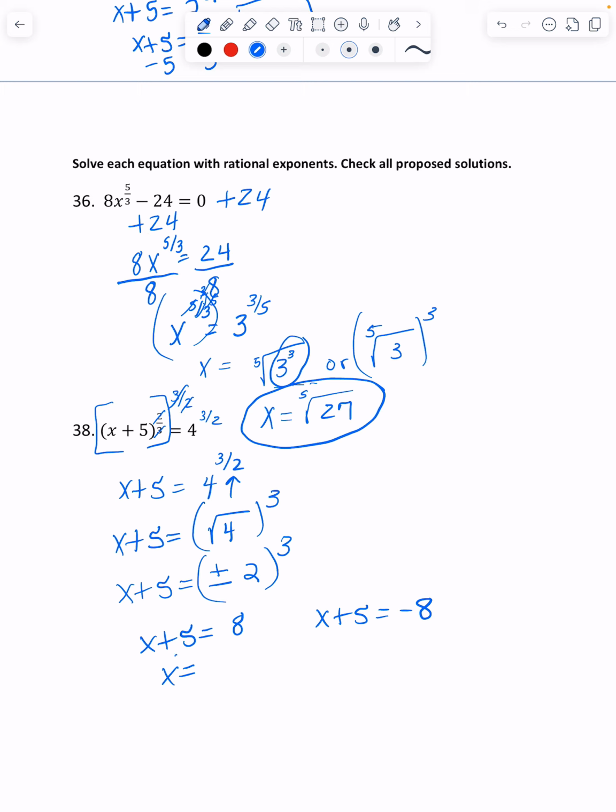I'm going to subtract 5 from both sides and I get x equals 3. And when I subtract 5 over here, I get x equals negative 13. So I would put an asterisk beside this one and just remember that when you multiply by the reciprocal and that reciprocal is even, you're going to have to take the plus minus and that's going to make you come up with 2 answers.